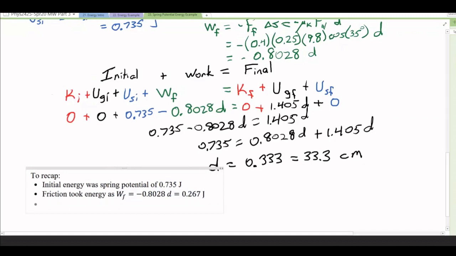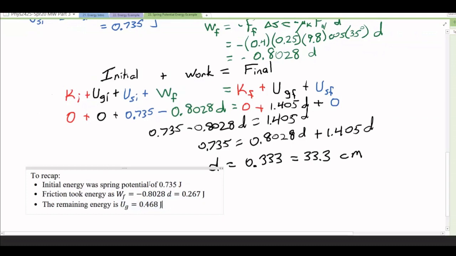And then the remaining energy is UG, gravitational energy, which is that times that, 0.468 joules.